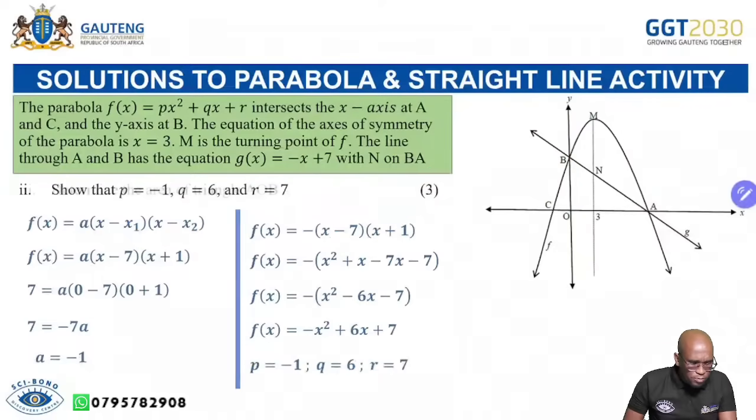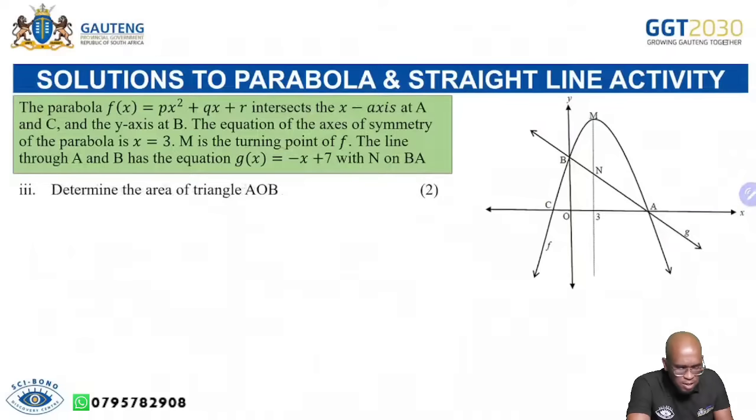Now, let's move on to Roman 3, the area of triangle AOB. Let's check now. This is AOB. You can see that this is a right-angled triangle, okay? And we have the coordinates of B, that is 0 and 7.